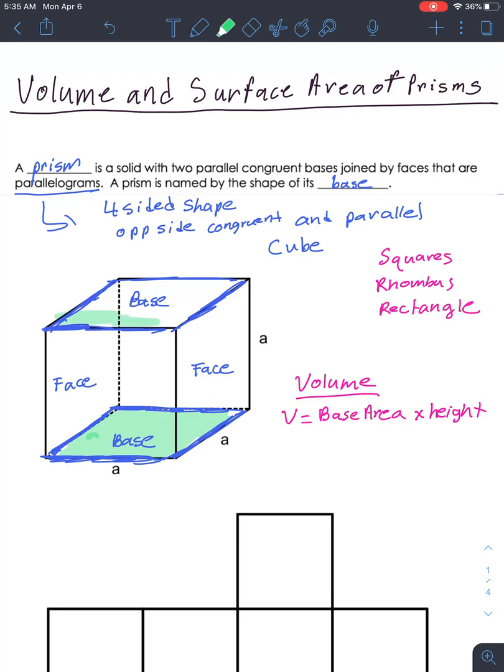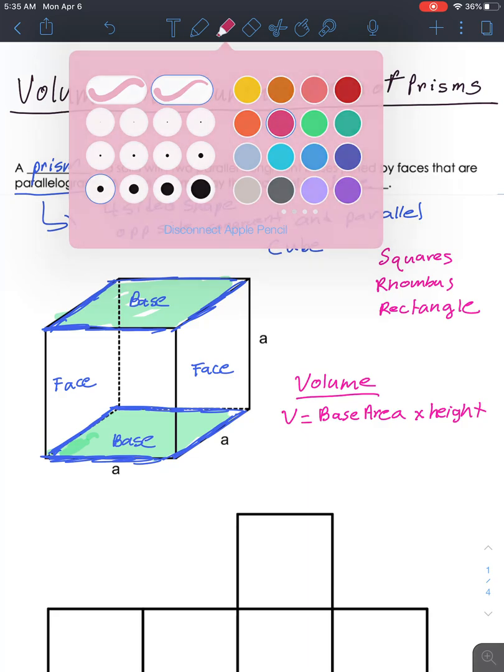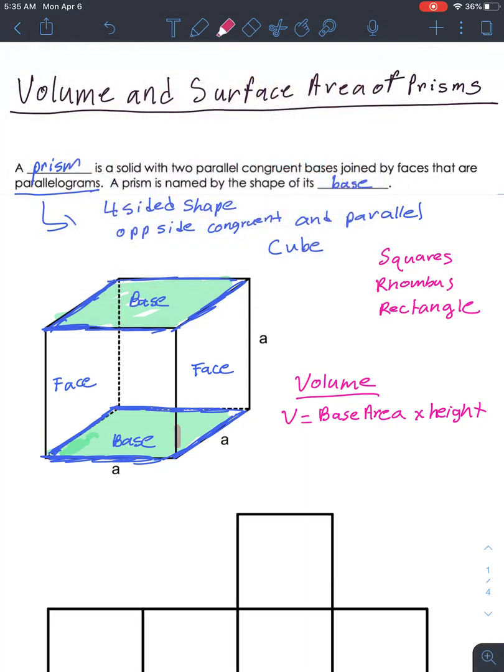And you see how you'll reach up here eventually? And it'll cover everything. But the way that you'll tell how many of these you have is you're going to look at the height. And in this case, don't forget it's a cube, so they're all squares. So let's say that our A is 2 inches.